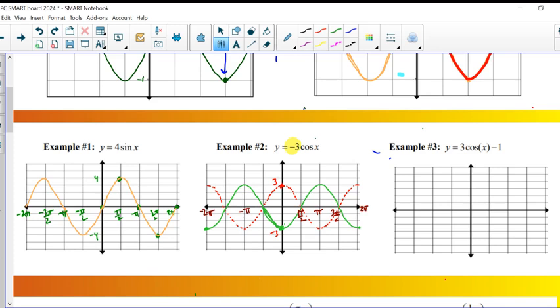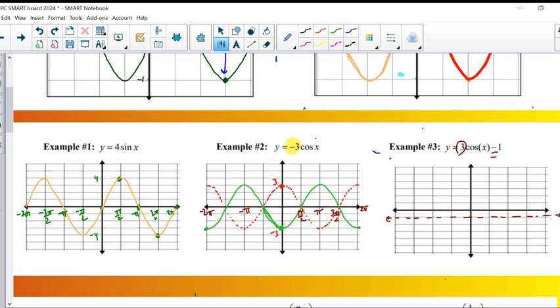Okay, so now example 3, we just have a cosine wave that has a positive coefficient of 3. So our amplitude is affected by 3. But notice this minus 1. That's going to pull everything below 1 unit. So I'm going to mark that our new line of equilibrium has dropped 1 unit, right?